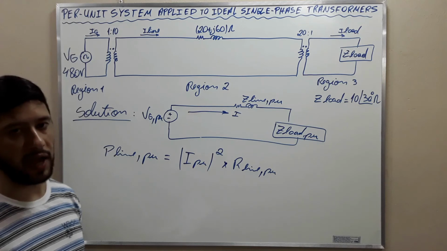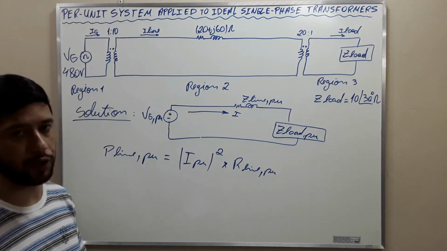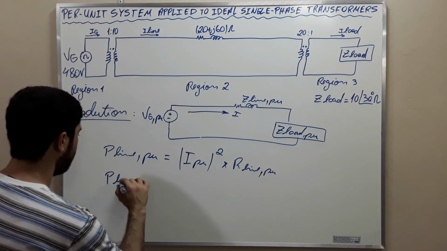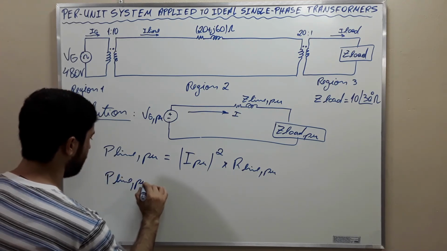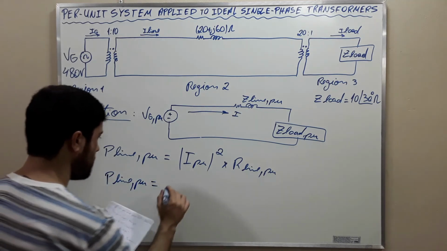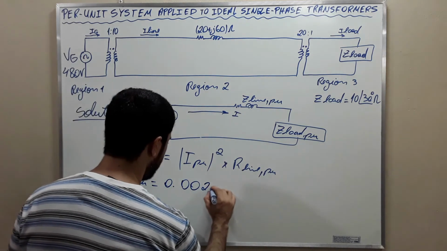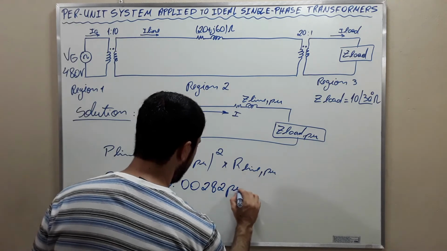If we use these values that I showed you before, we're going to find .00282 PU.